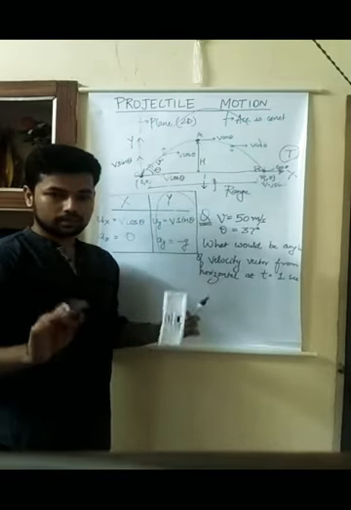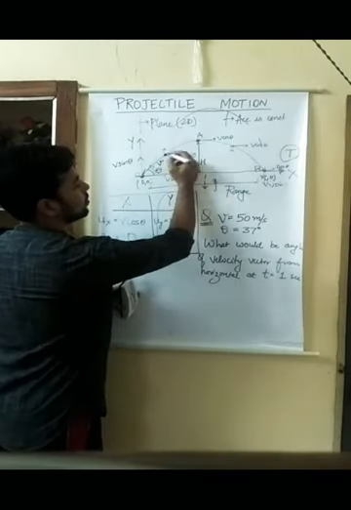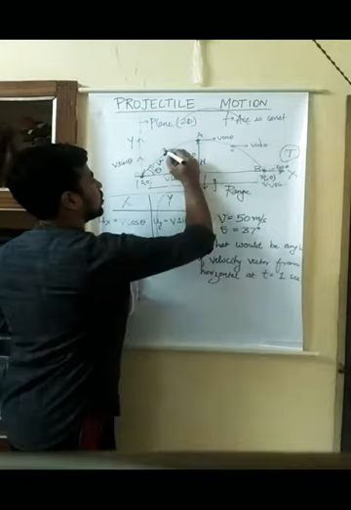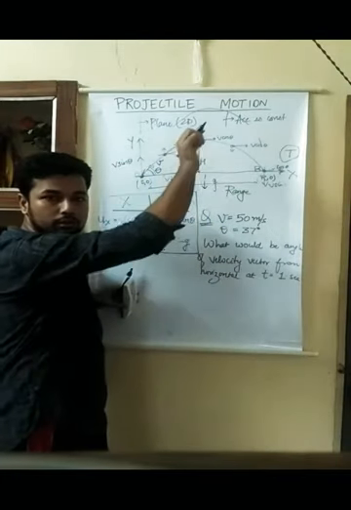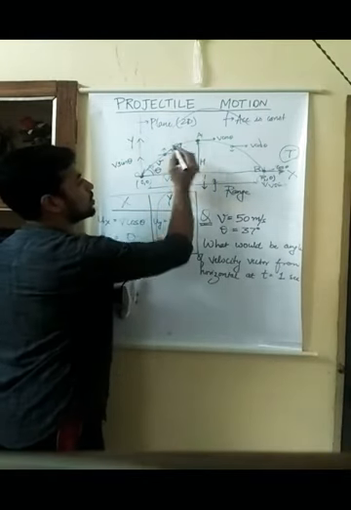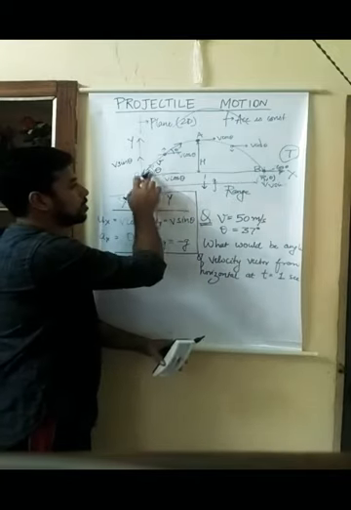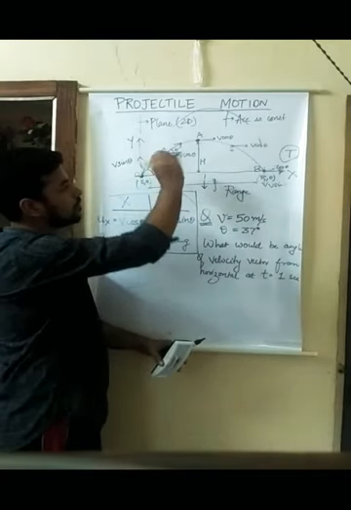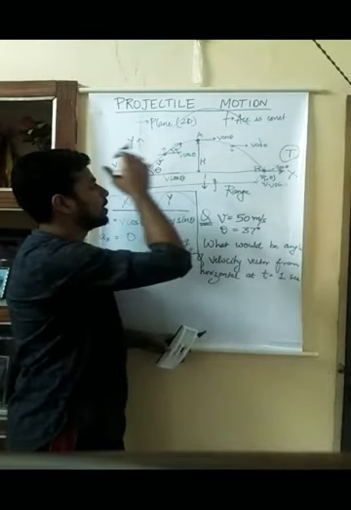Say for example, my projectile reaches here at 1 second. So it will have some velocity vector pointing towards such a direction, making an angle theta dash. Initially it was theta, it would have decreased some and some new angle would have formed with horizontal, that is theta dash.